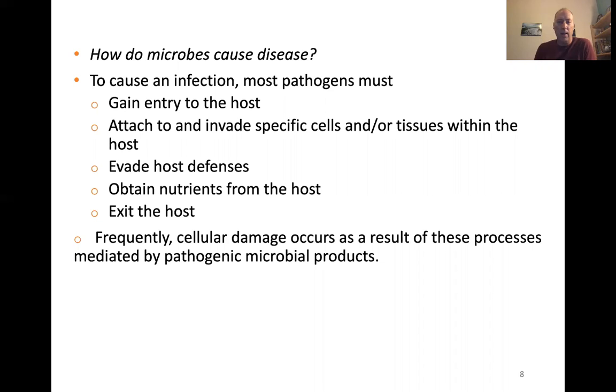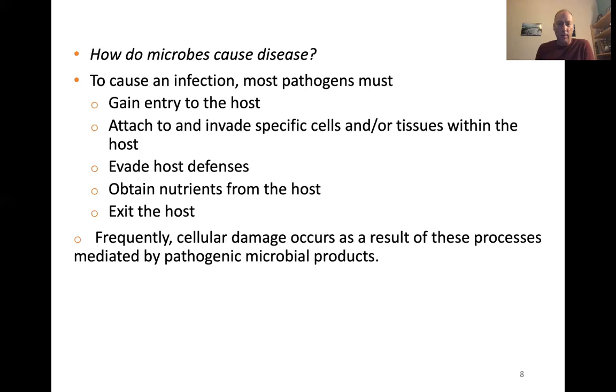That could be on the outside of the body, the skin, or it could be internal through the GI tract, coming through the mouth and infecting somewhere along the way, usually in the intestines, or being inhaled into the respiratory tract, or in the genitourinary tract, or opportunistic pathogens. Often the tissue is just wherever they find themselves through, for example, a wound or damage to the body.